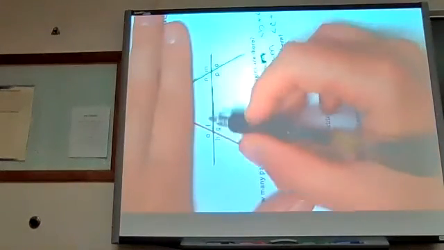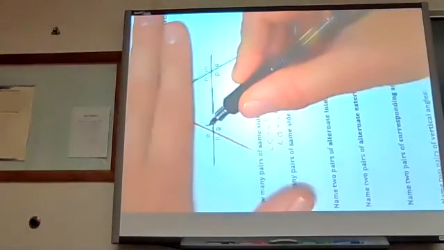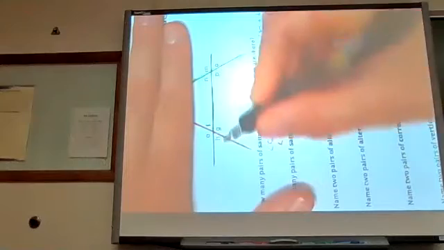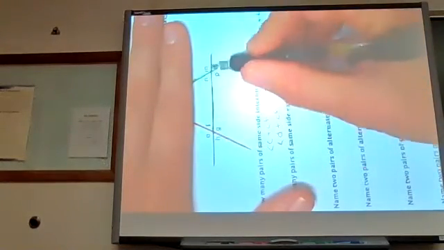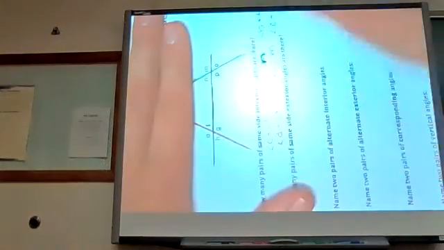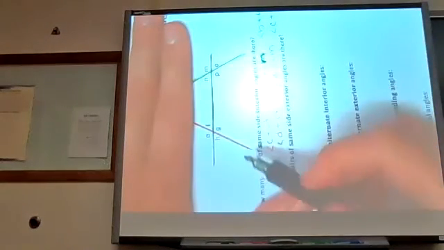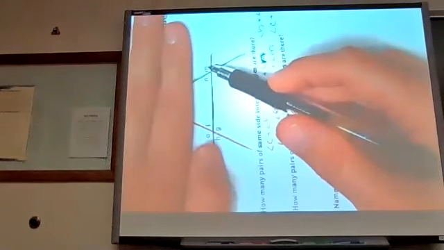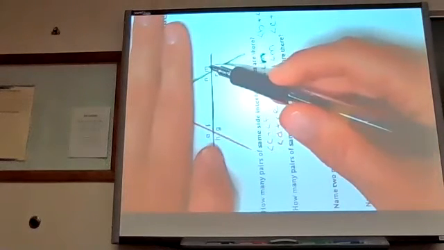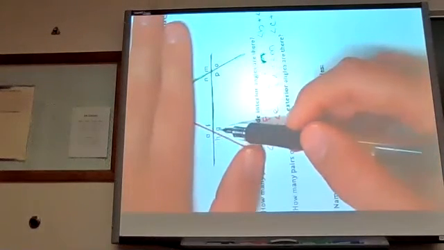So F, G. F and N, yeah, so this is my transversal, and I'm saying these two are on the same side of this transversal on the inside. F and N. What would be the other one? E and M would be exterior, outside of the lines. Interior, so G with P.